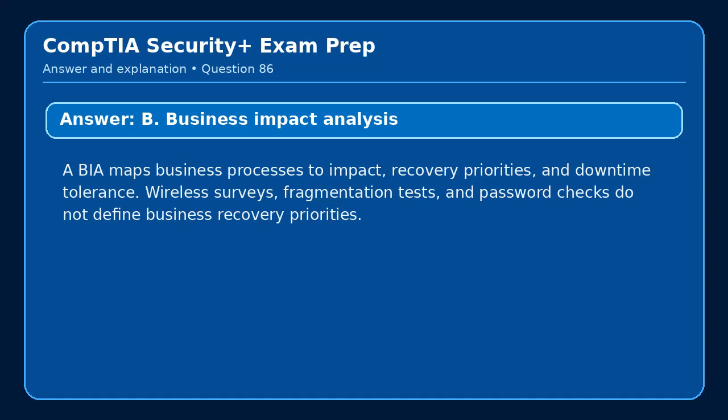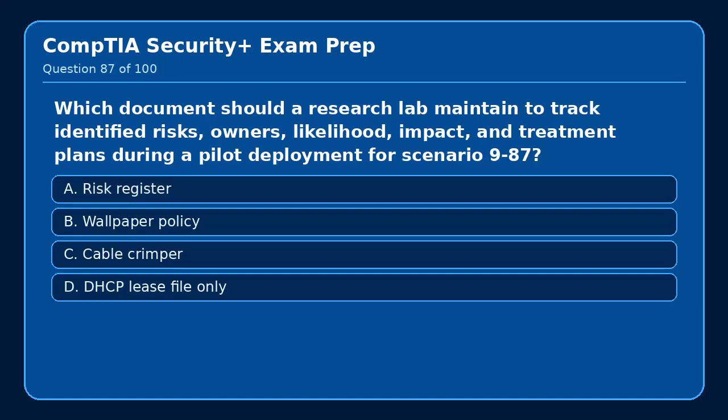Question 90. Which due diligence item should a university department request from a vendor that will host sensitive data before the production rollout for scenario 9-90? A. Permission to bypass contractual review. B. A promise to avoid all documentation. C. A shared administrator password. D. Security questionnaire, audit report, and data handling commitments.